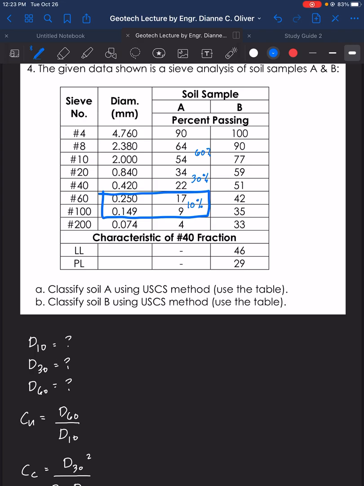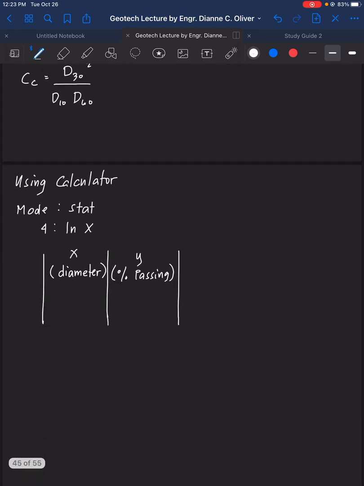Because the value for the diameter of 10% passing is in between 0.25 and 0.149, we will write here for D10: 0.25, and then we have here 17, and then we have 9, and then 0.149.